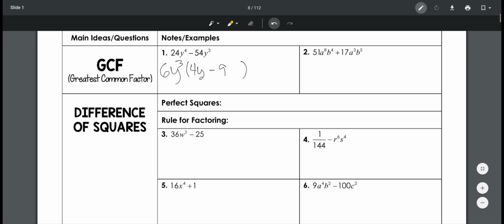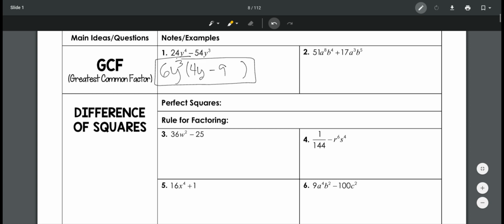The two terms in the group can have nothing in common. So when I look at what's in the group, 4 and 9 have nothing in common but 1. The first term has a y in it, but the second term in the group does not. So therefore, I have factored it as far as I can factor using the greatest common factor method.